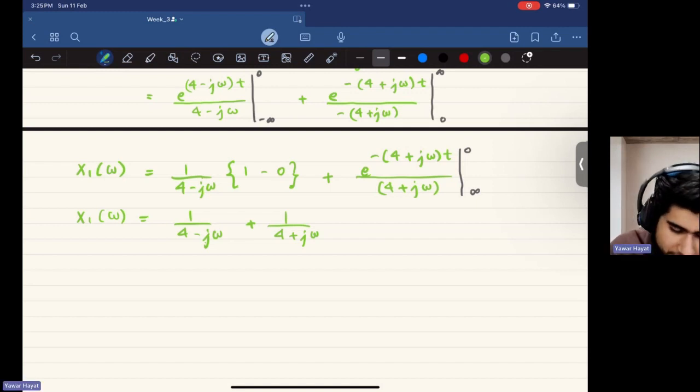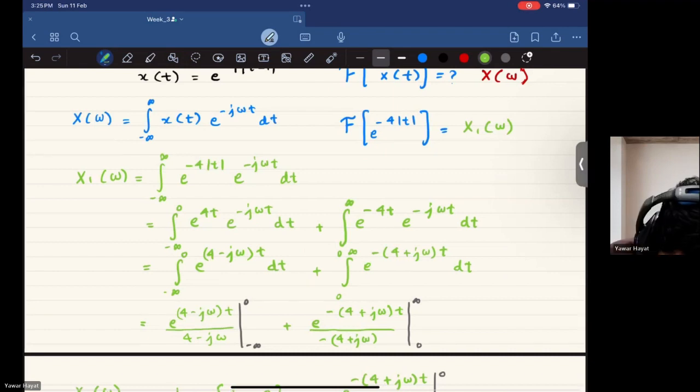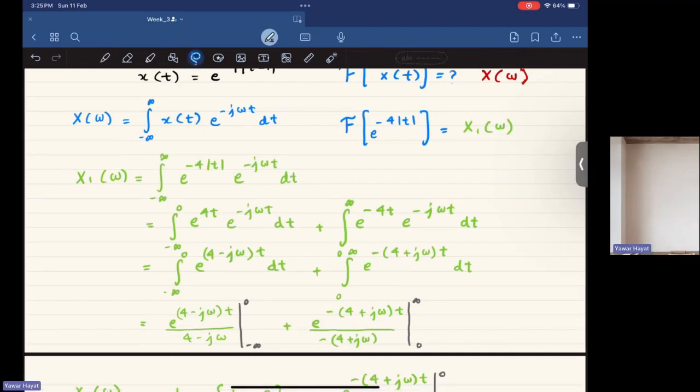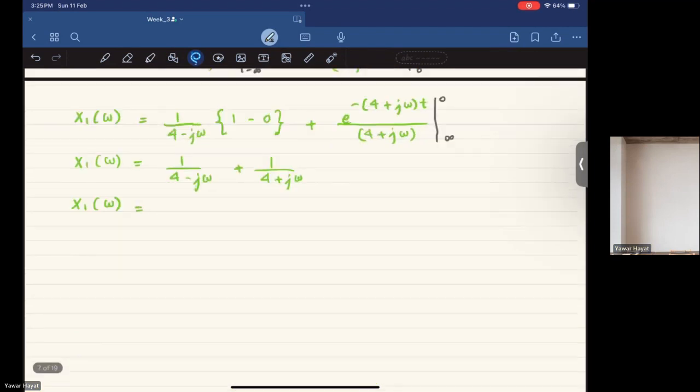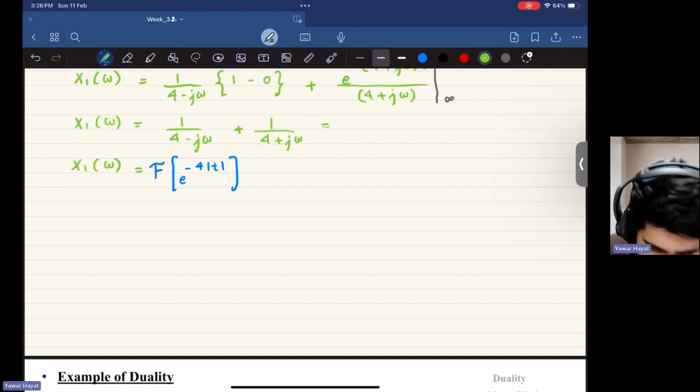In fact, we can simplify this one. So X1 of omega, which is essentially the Fourier transform of, let me copy this, so that we don't lose track. Okay, and what is the answer? This can be simplified to the following.